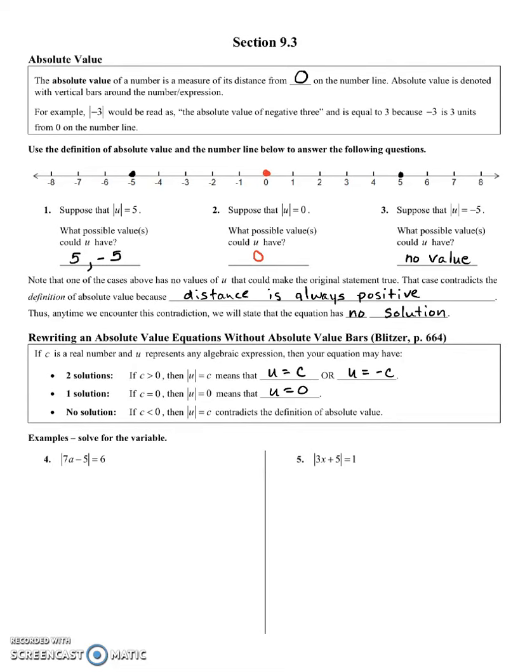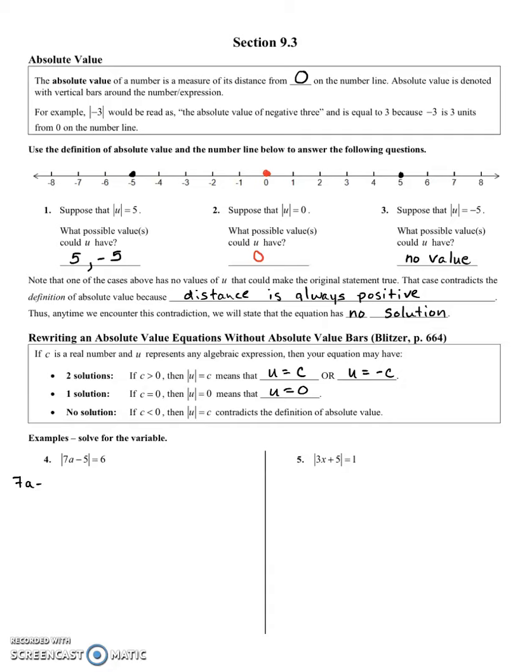So for example, solve for the variable. In number 4, we have the absolute value of the quantity 7a minus 5 equals 6. So the 6 is our c, and it's positive. That means we have two cases.